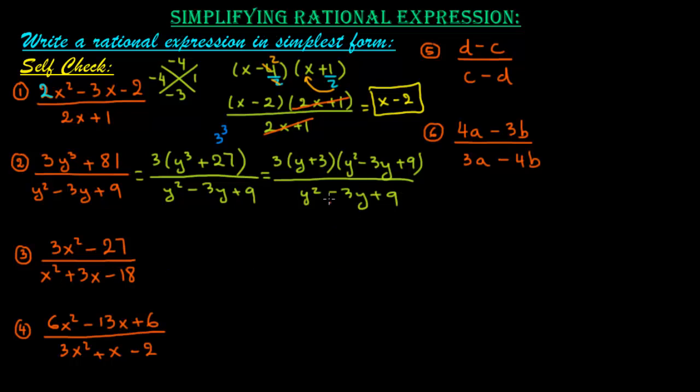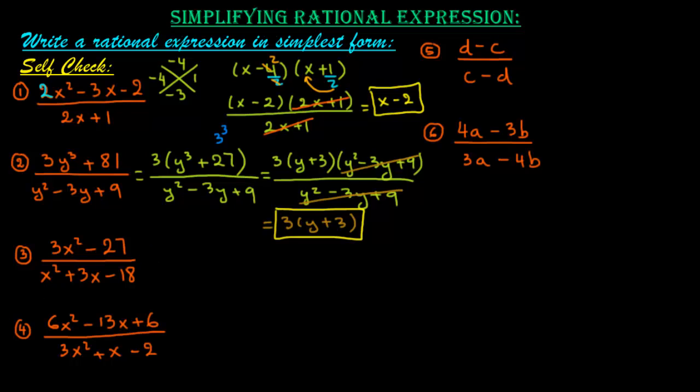And as you see, the trinomials are alike, so they will divide out, giving me 3 times y plus 3, and that is the final answer for problem 2. Okay, that's the answer for problem 2.